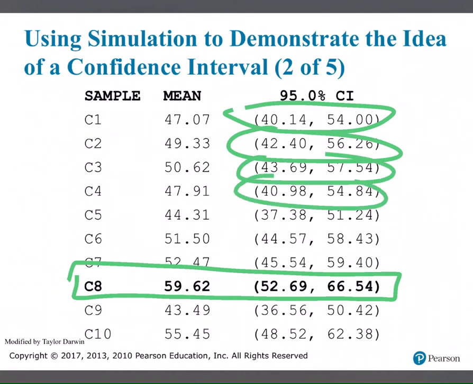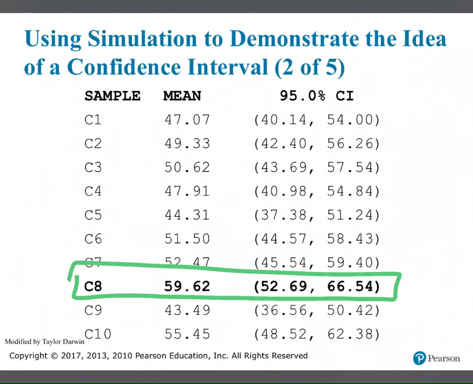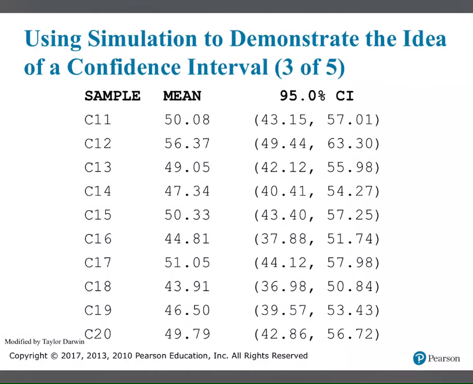So on, so on, so on. And so far, only 1 out of 10 doesn't. So that's pretty good. All of these contained the population mean. And what I mean by that is somewhere between 43 and 57 is 50, right? Somewhere between 49 and 63 is 50. So on, so on. Because that's our population mean. We're seeing how many times it actually captured that.